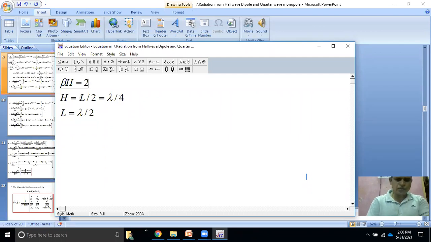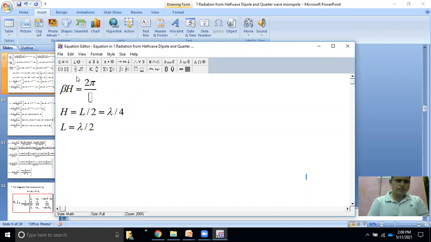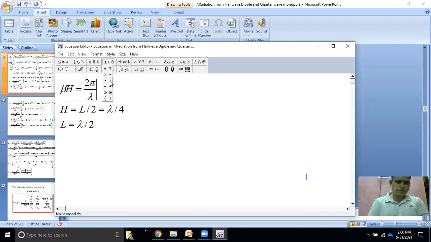So beta is 2 pi by lambda, into h, and h is equal to lambda by 4.